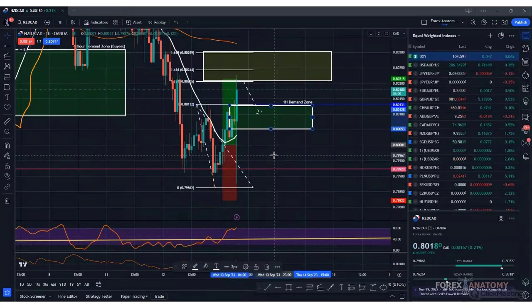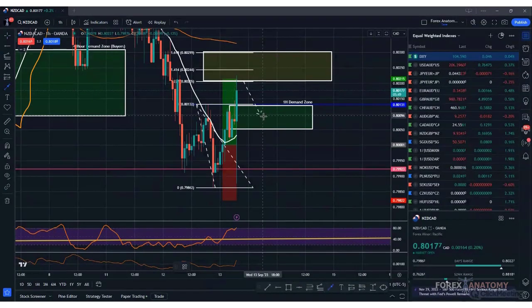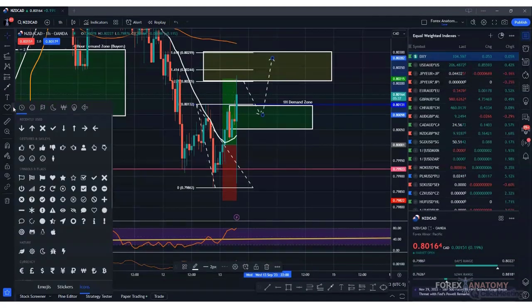This is the Kiwi CAD. This is what we're looking for. And we'll see how price pulls back. But we'll be looking to buy. And we can trade it all the way up maybe to the 141 or 161.8, all the way up there. So that's what we're looking for on Kiwi CAD.